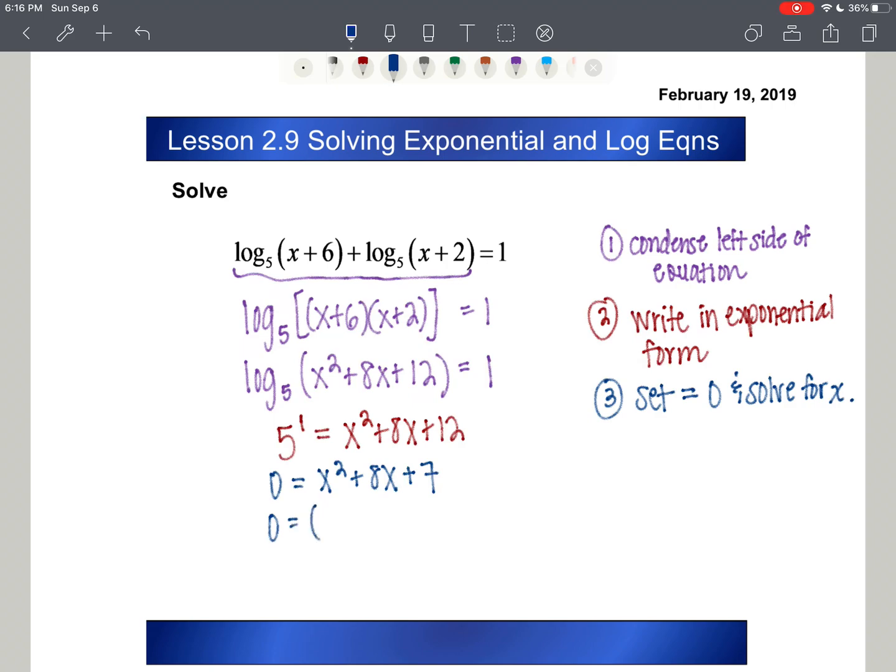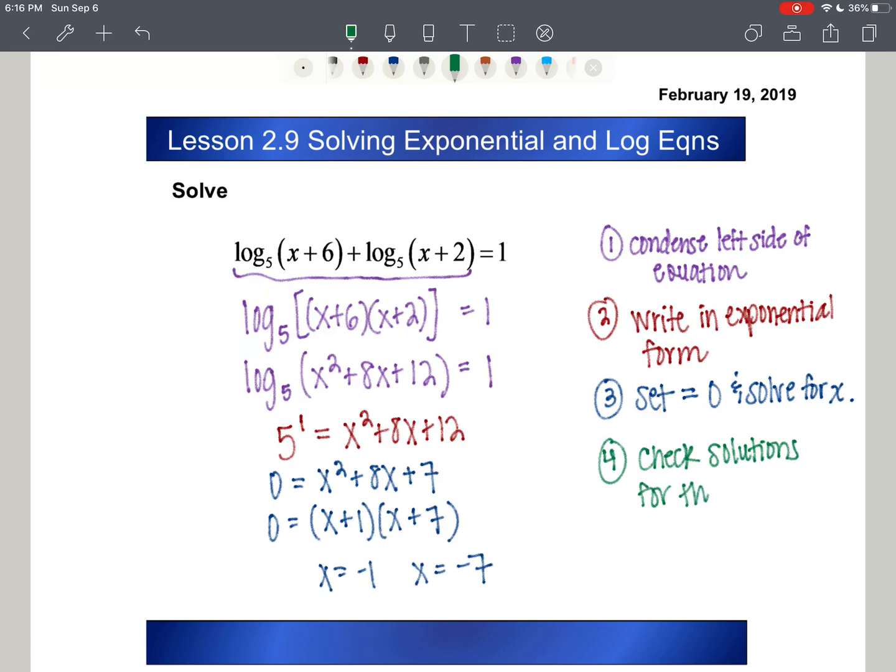I'm going to factor and use the zero product property, and I get x equals -1 and x equals -7. My last step, which is the very most important step after you get through all of this algebra, is to check your solutions for those that may be extraneous.